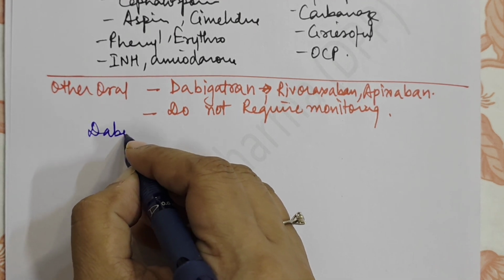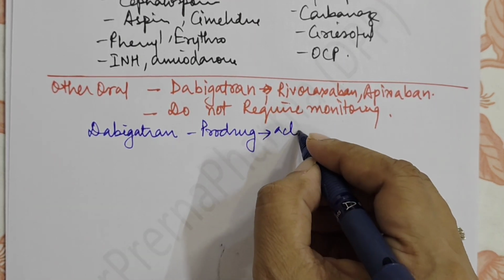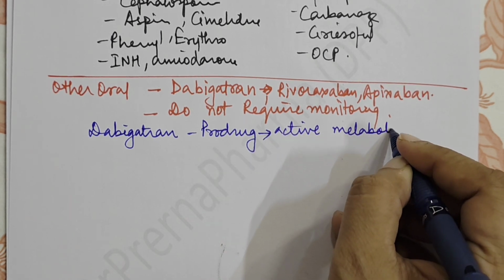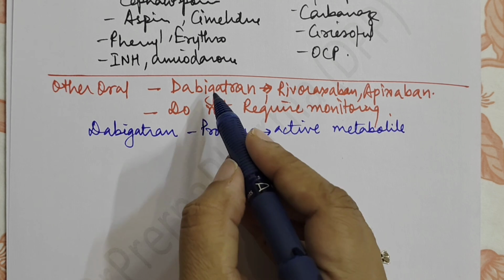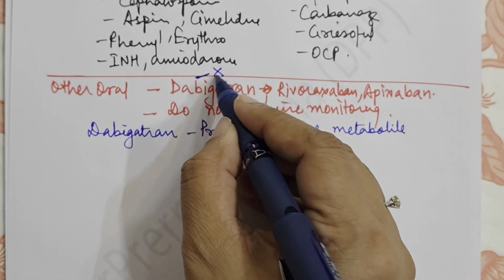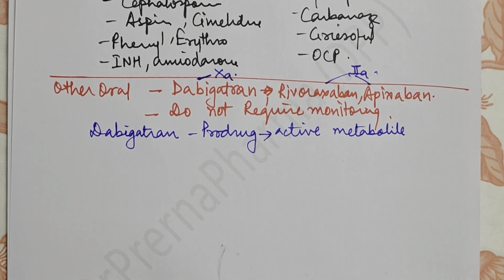Dabigatran is a prodrug, and it gets converted into an active metabolite which then performs its action. Dabigatran is basically a factor 2A direct thrombin inhibitor, and rivaroxaban and apixaban are factor 10A inhibitors.